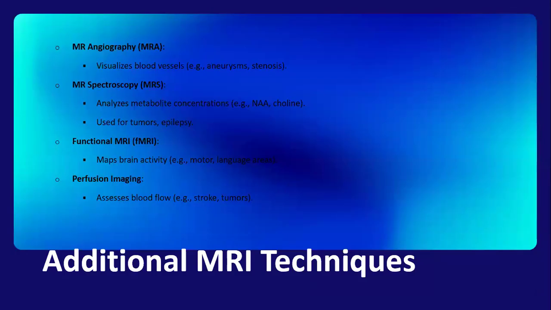Now, there are other additional MRI techniques, such as MR angiography, that visualizes blood vessels. There's MRI spectroscopy that looks at the different tissues. For example, despite you doing the T1, the T2, the T1 with contrast, the FLAIR, the DWI and ADC, you still have some tissues or pathologies that would look similar across the board.